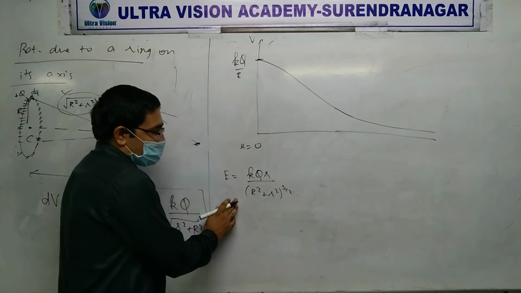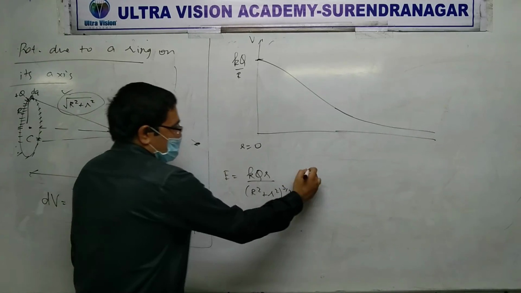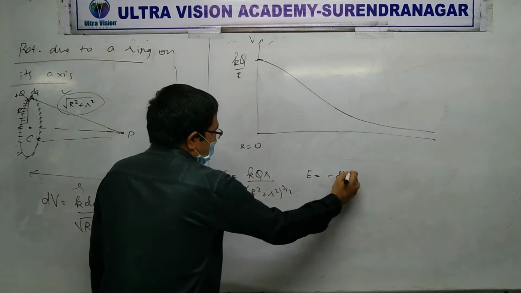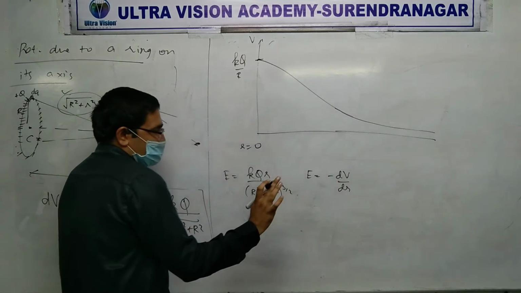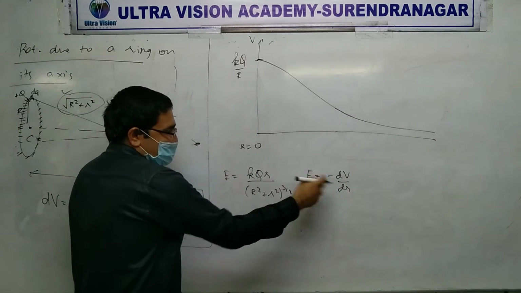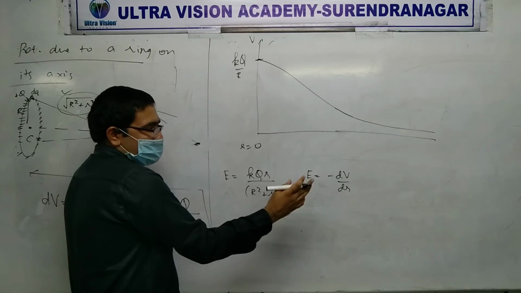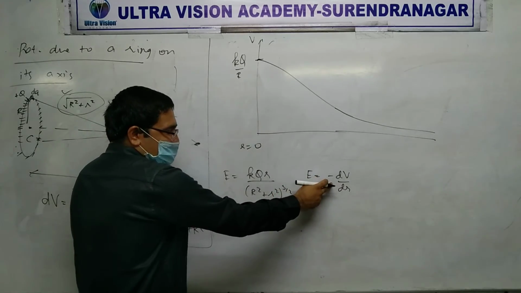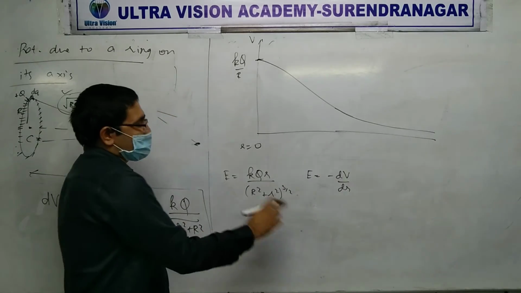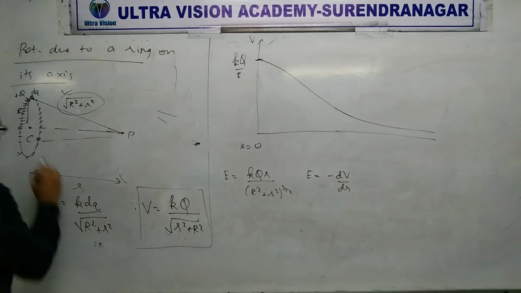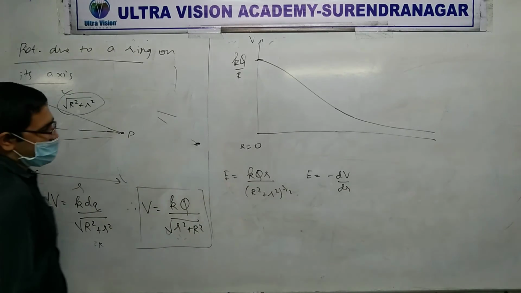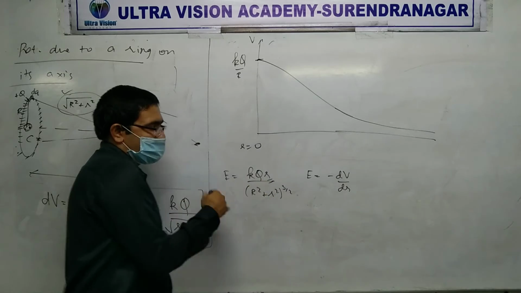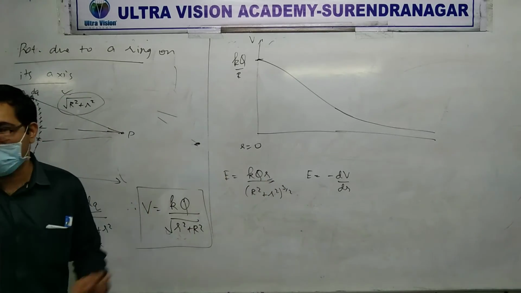Do you remember, electric field is obtained by differentiating the potential, roughly speaking? Electric field is like the slope of the potential. At r equal to 0, how much is the electric field for a uniform ring? Small r will be 0, so E will also be 0.